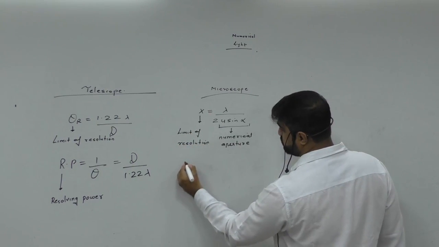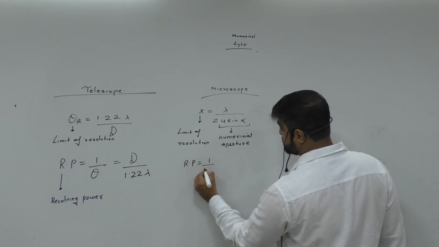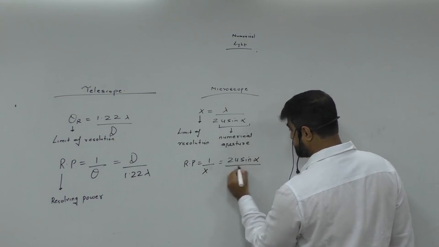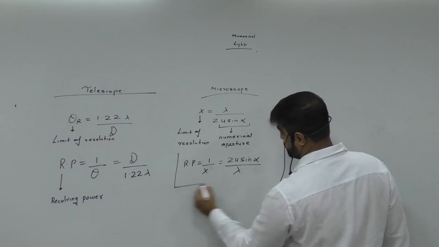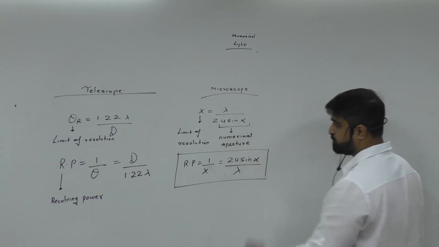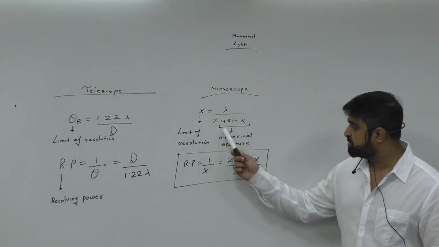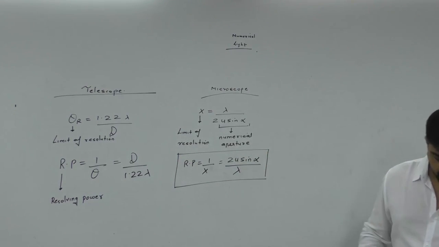If we invert this, we get resolving power, which is 1 by x, is 2 mu sin alpha by lambda. So you have to remember this thing, numerical aperture is mu sin alpha.